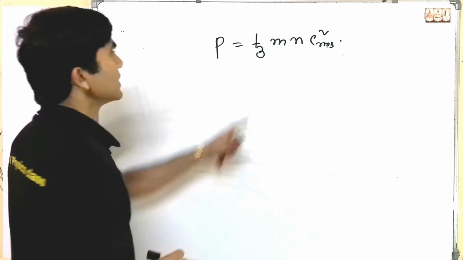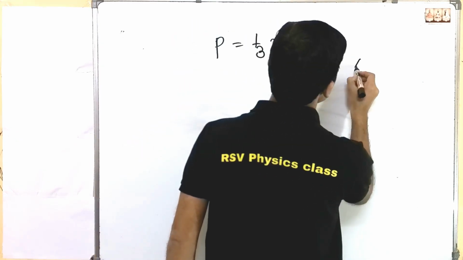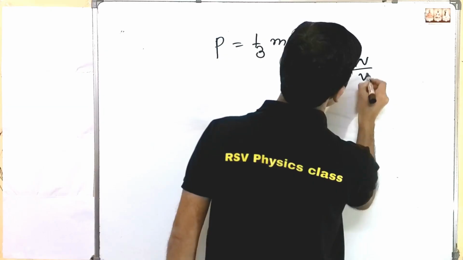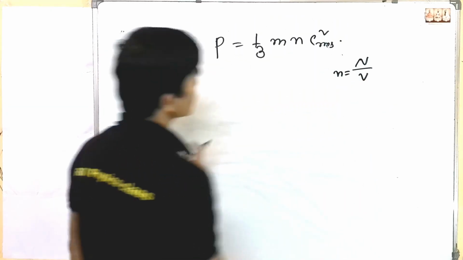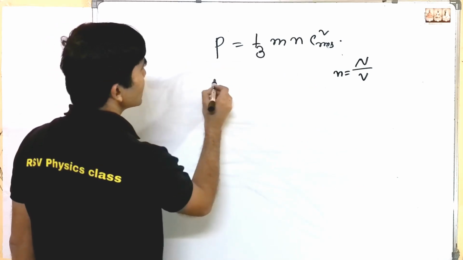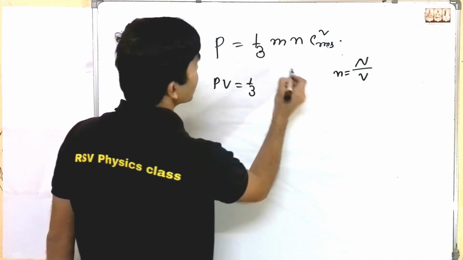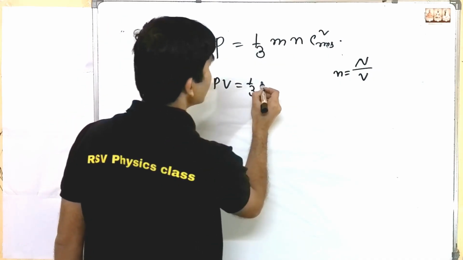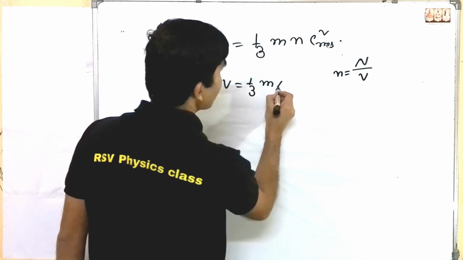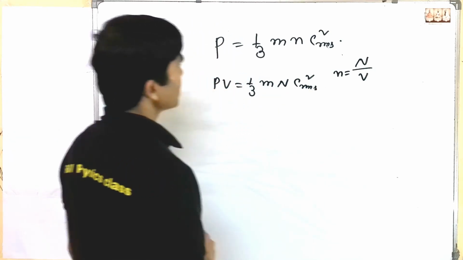Okay, and this n is basically the number of molecule over V. So in some book you can also see the equation PV equal to 1/3 m N c rms square.